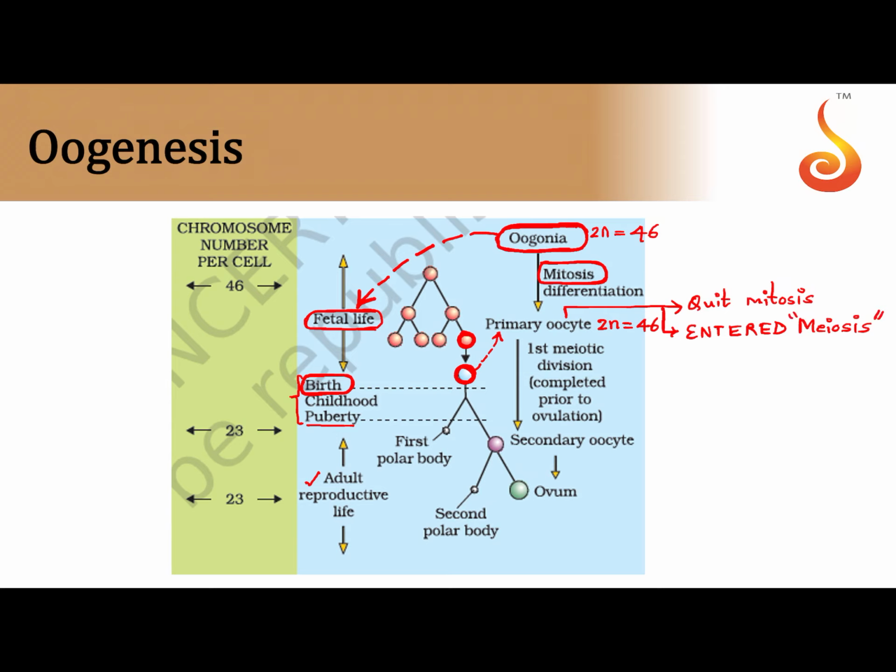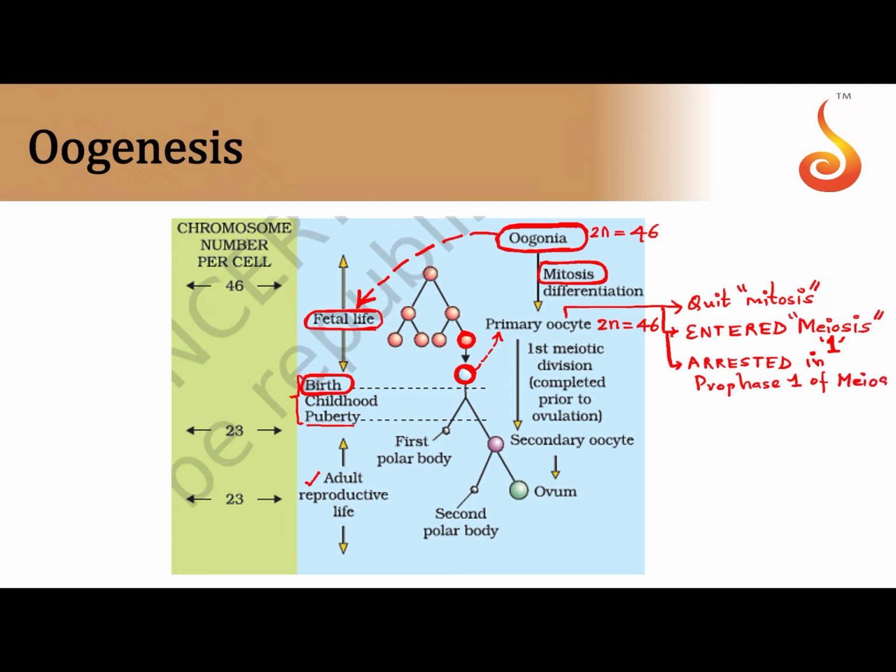So it is not going to take part any longer in equational division, but it has entered a cell division cycle that is called meiosis. To be very precise, it has entered meiosis 1. And not only that, after entering meiosis 1, it has become arrested in the first phase of meiosis 1, that is prophase 1.